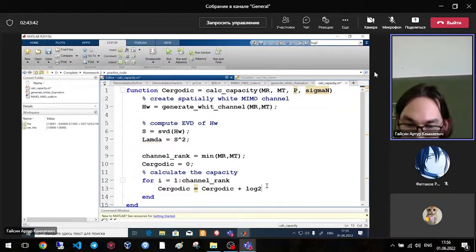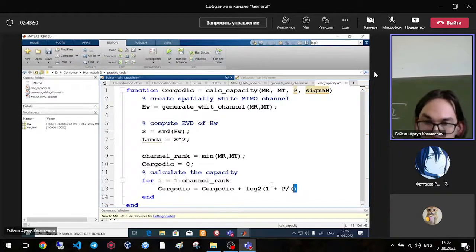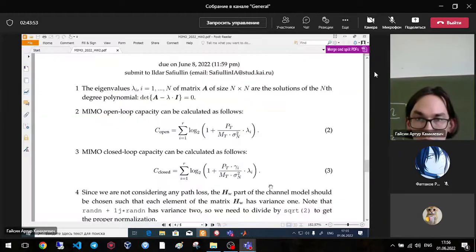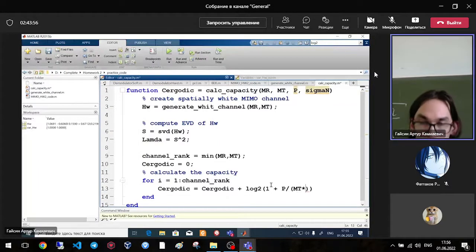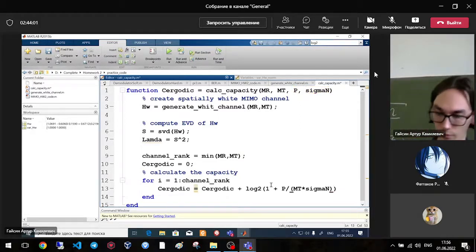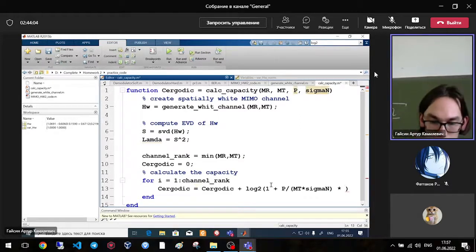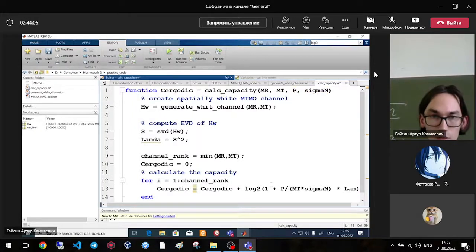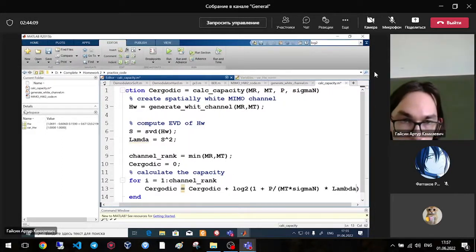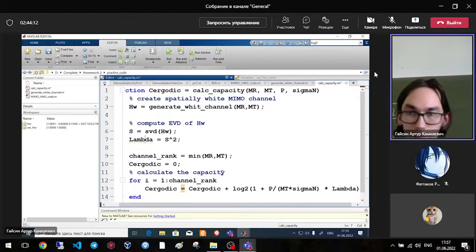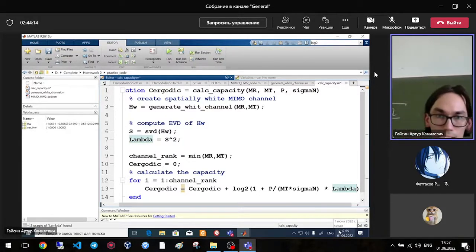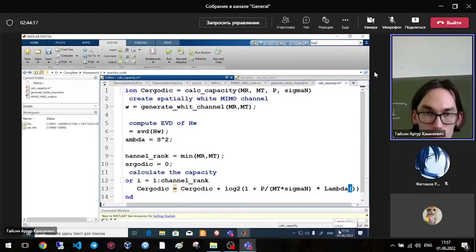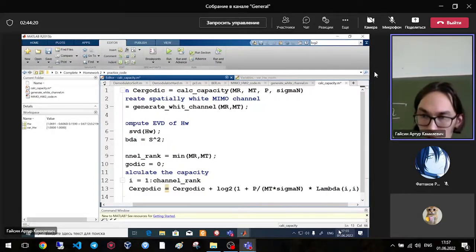Instead of this logarithm, we have 1 plus P divided by MT times sigma n, and multiply it by lambda with values I and I, I think.